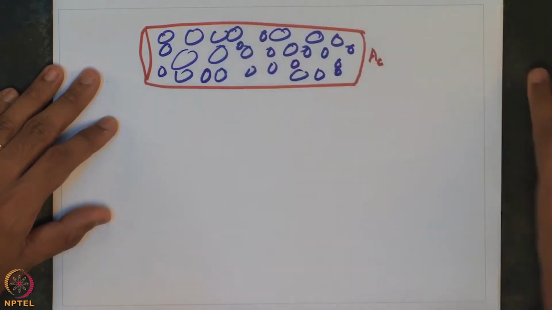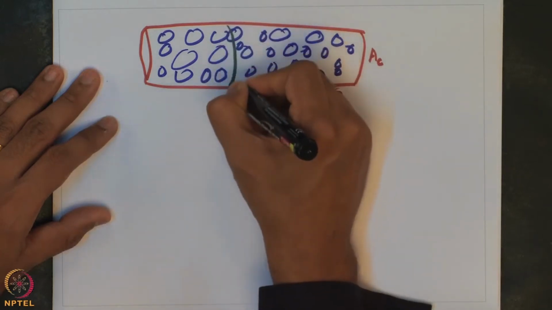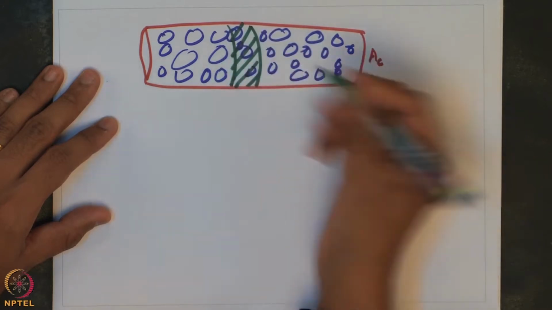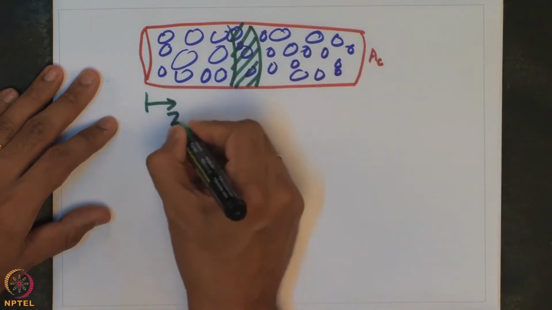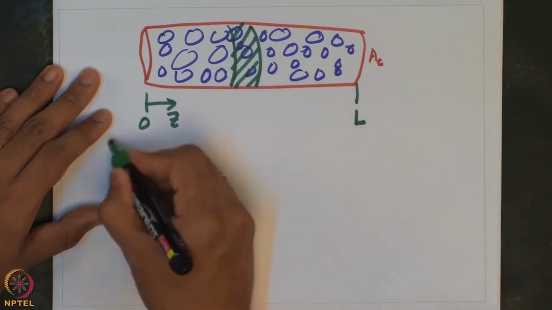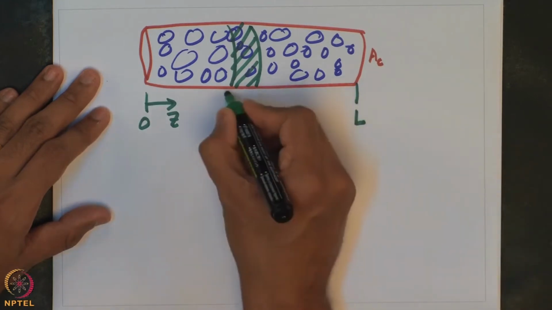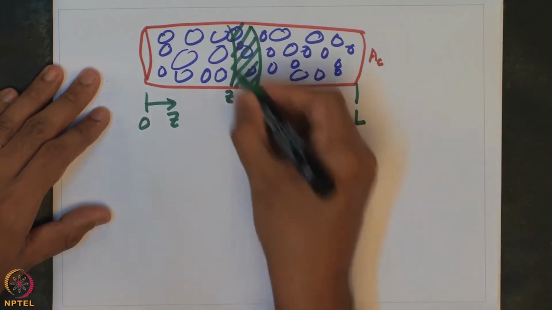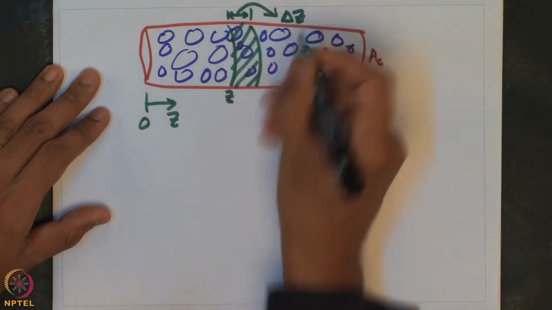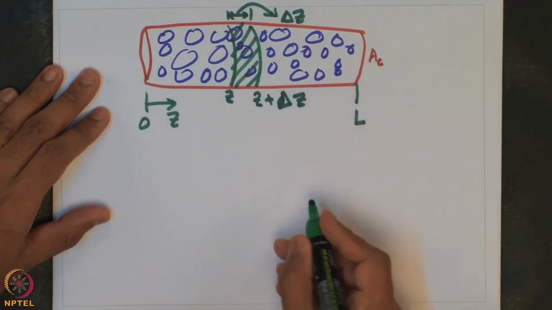So, let us define a small element, and if Z is my positive direction going from 0 to L, where L is the length of the cylindrical reactor, and let us say that this location is some Z, and if this width is delta Z, then this location is given by Z plus delta Z.